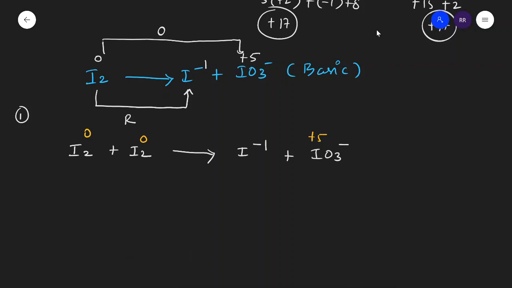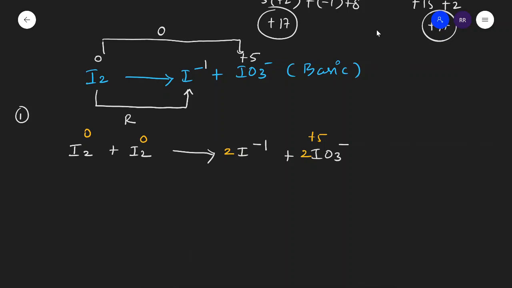Then we have to balance only those atoms which are undergoing oxidation as well as reduction. So at reactant side we have 4 iodine, but at product side we have only 2 iodine atoms. To make them 4, I am multiplying with 2 and 2. Now all the atoms undergoing oxidation number change get balanced.